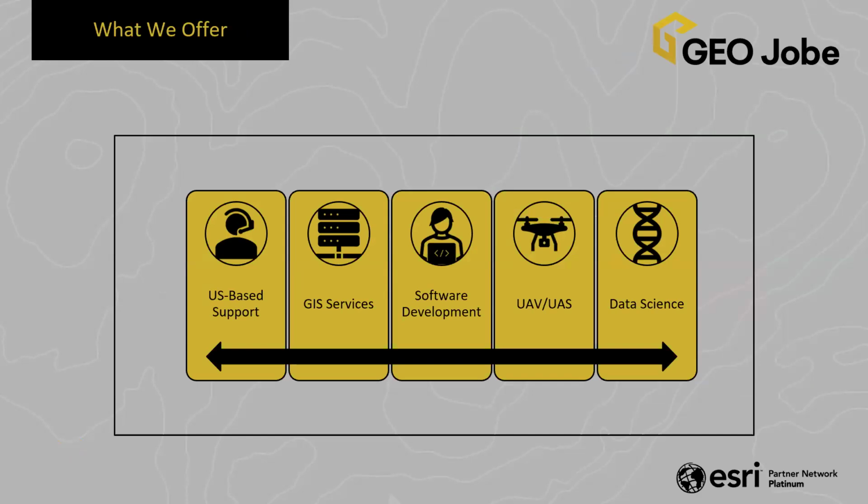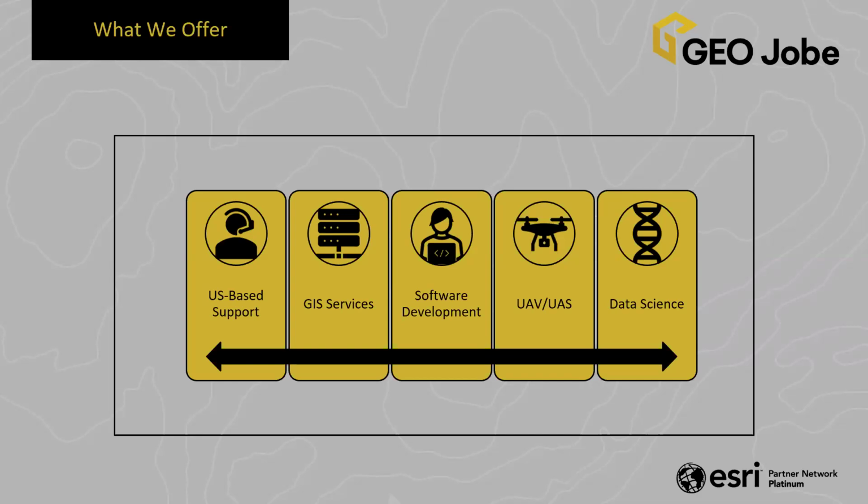GEO Jobe also is broken up into 5 different divisions. We have a support division that helps support our products. So if you ever have any questions or need help with anything, they're always there on call to assist. GIS Services is my division that I manage, but we help automate workflows and build out-of-the-box solutions for GIS users.